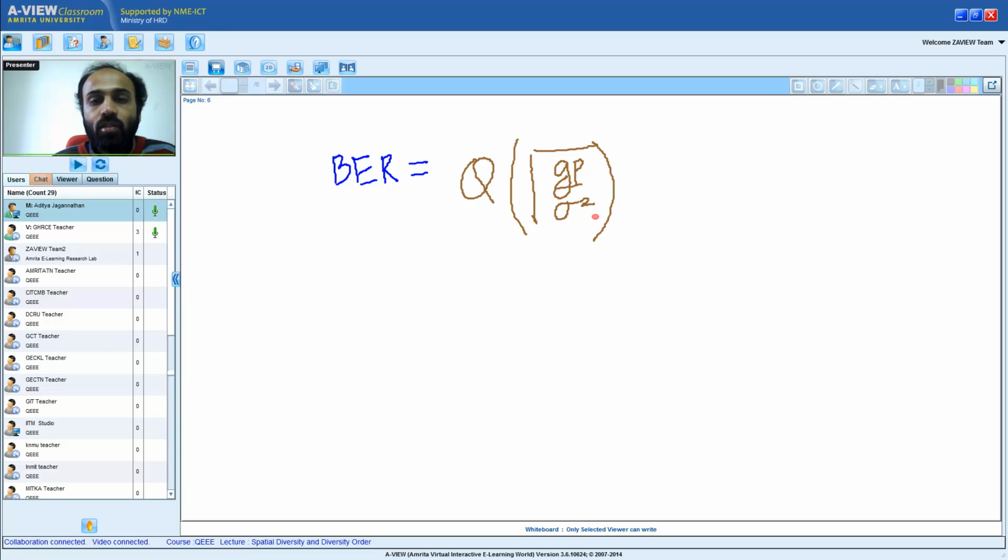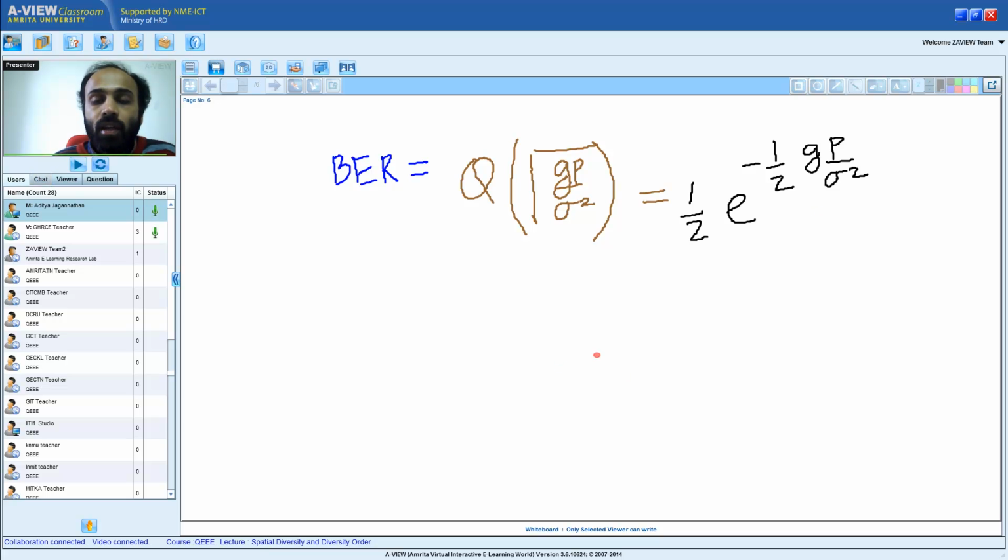We know Q of x is equal to half e to the power of minus half x square. So I can also write this as half e to the power of minus half GP over sigma square.